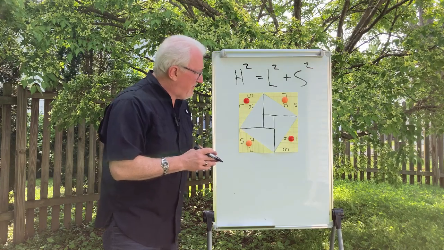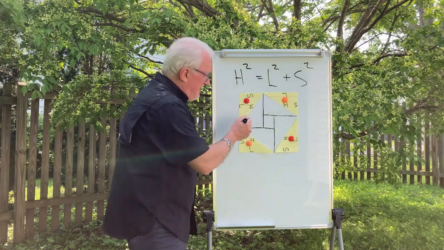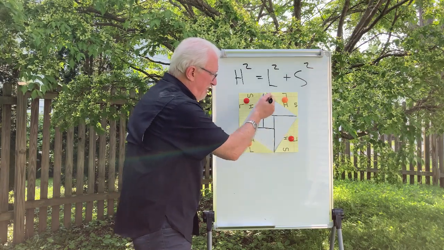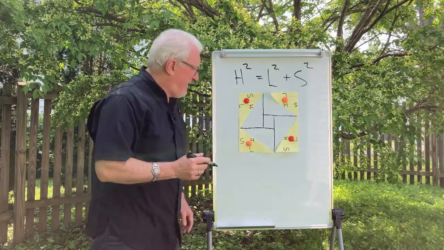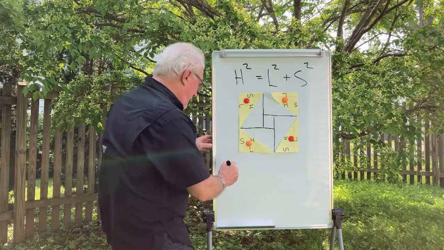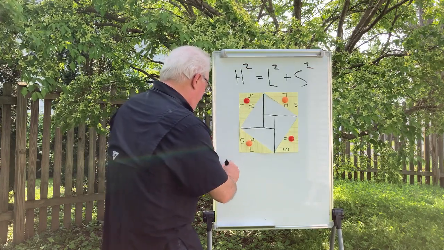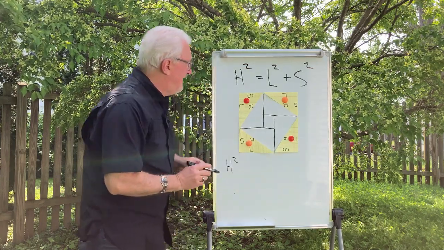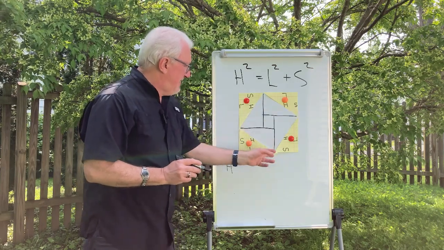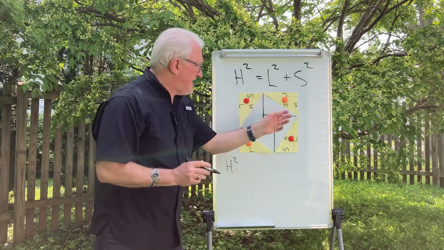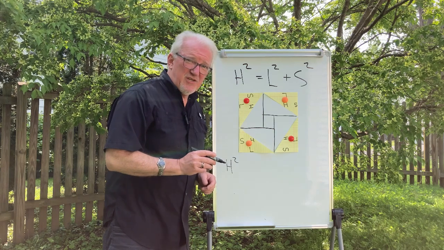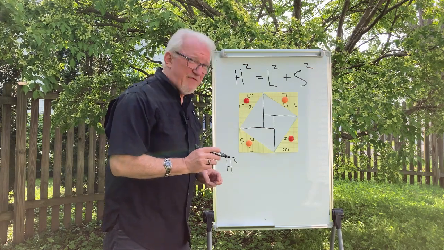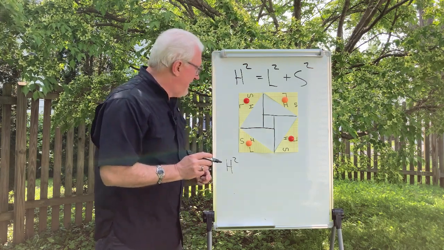What we're going to focus on is the center white square, which has area h squared, because it is formed by the square that has side length h, the side length of the hypotenuse of each of our congruent triangles.